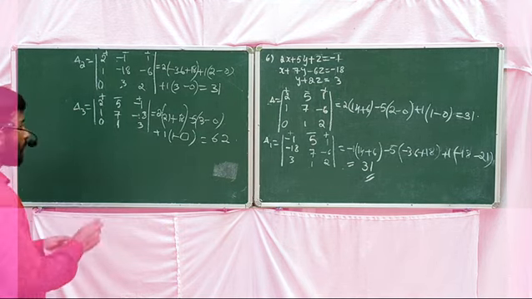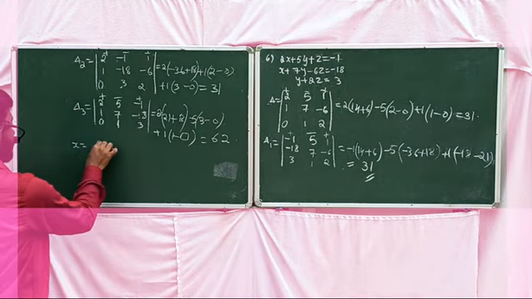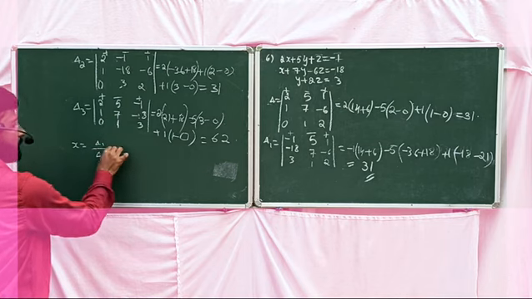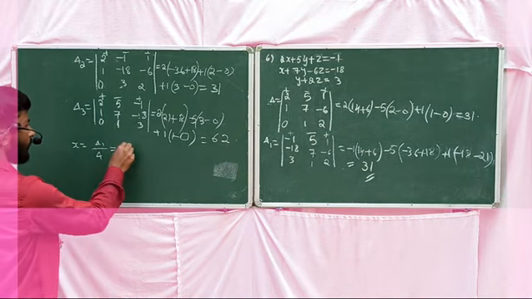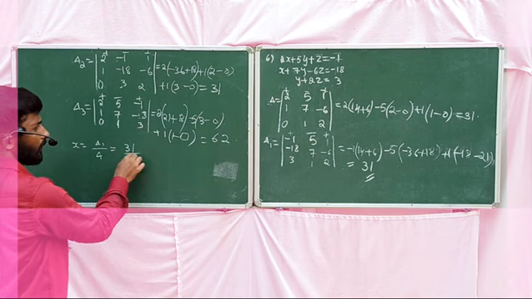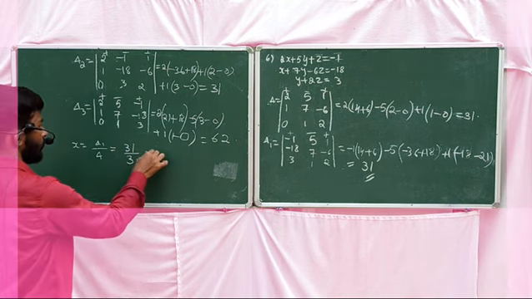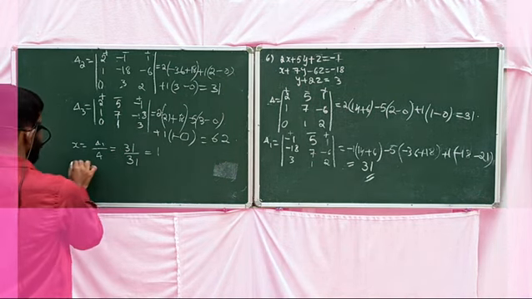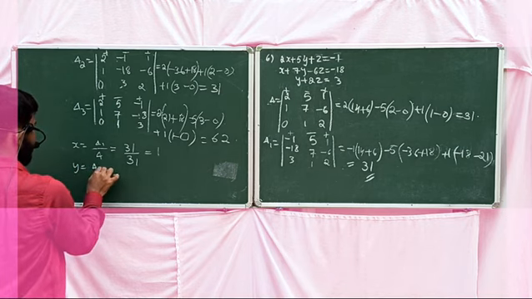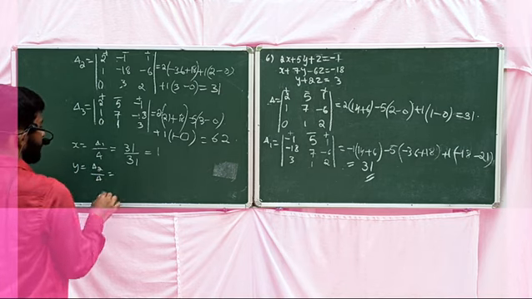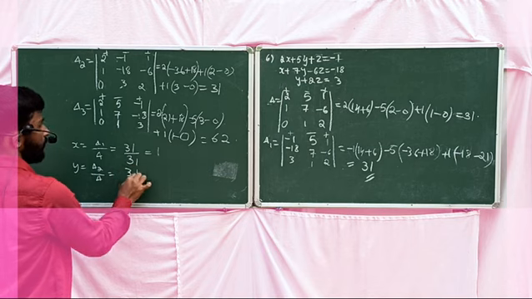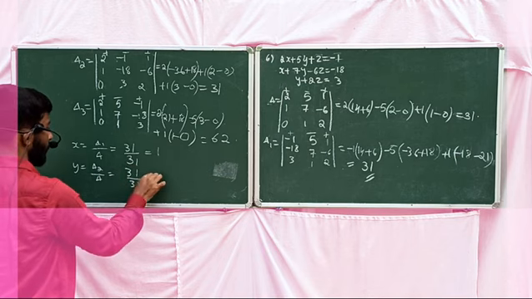Now use the formula, x value is equal to delta 1 by delta, it's equal to, delta 1 value is 31, divided by delta value is again 31, it's equal to 1. Y value is equal to delta 2 divided by delta, it's equal to 31 divided by 31, again y value is 1.